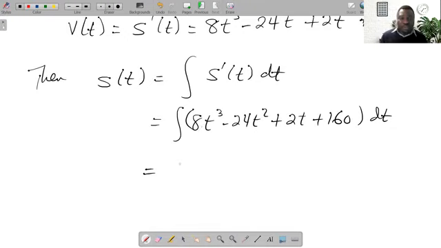So this term here will be 8t to the 4th. Remember, we're adding 1 to the power and dividing by the result.